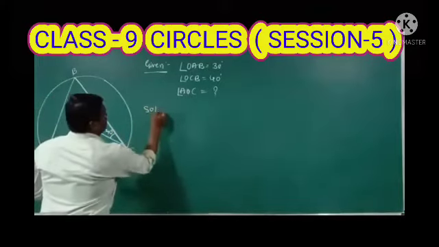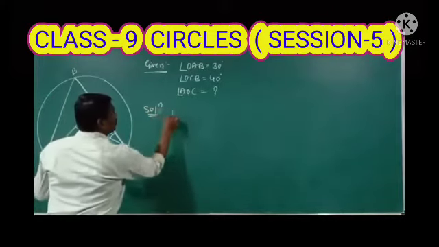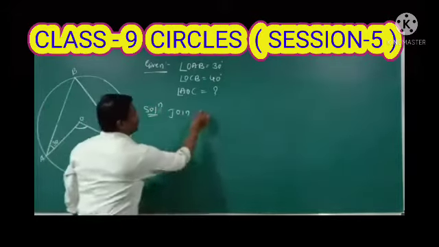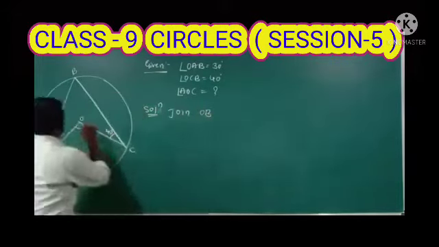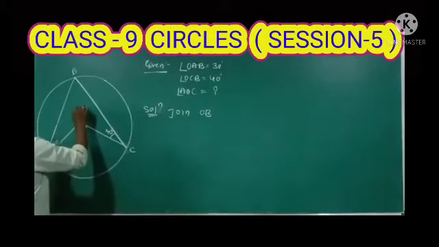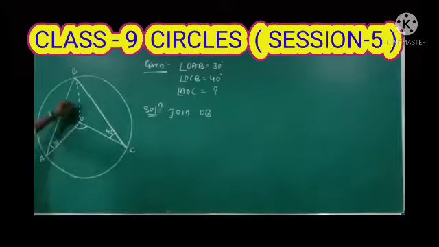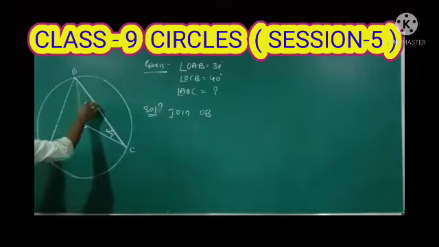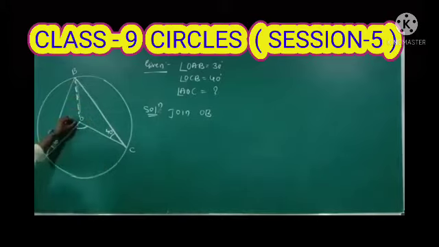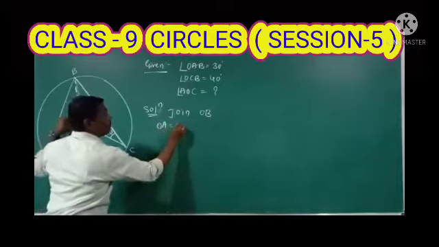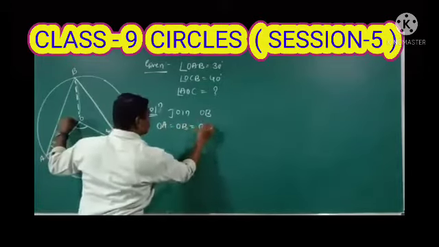Solution. Join O and B. Join OB. Now I will join the line from O to B. When you join OB here, OA is equal to OB is equal to OC.